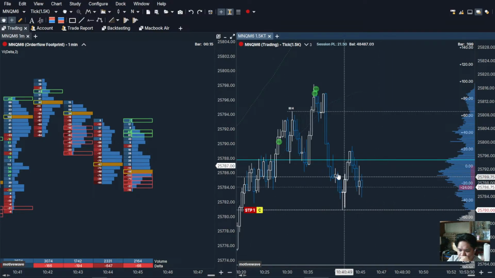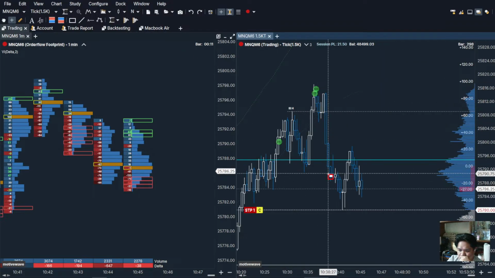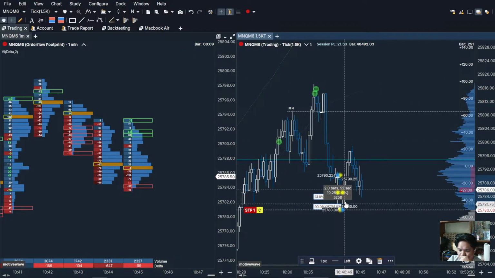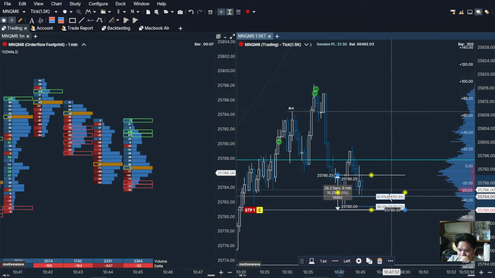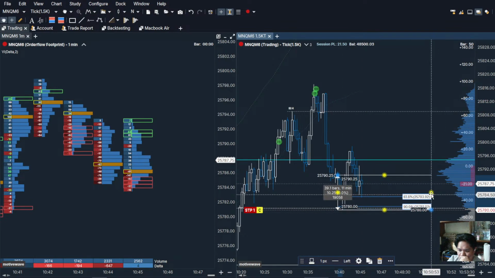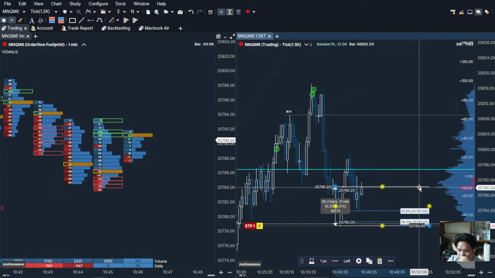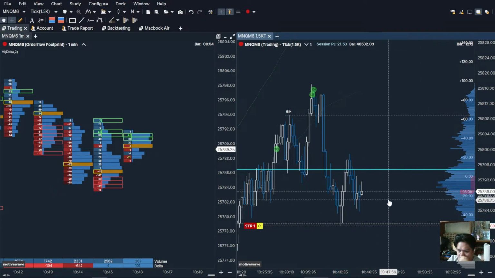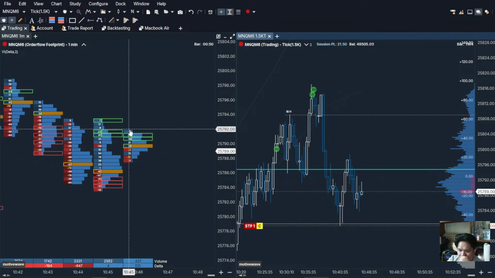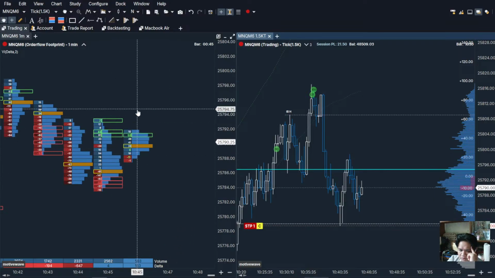Can we push up from here? Absorption still happening. Buyers are still getting absorbed. I don't like that. You want to be able to push up.